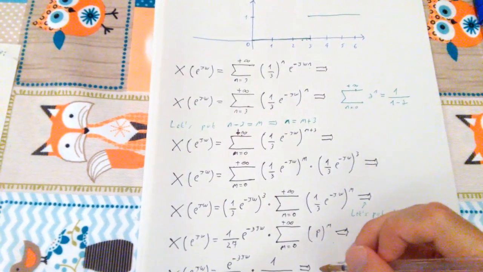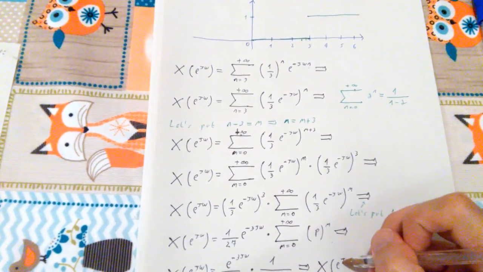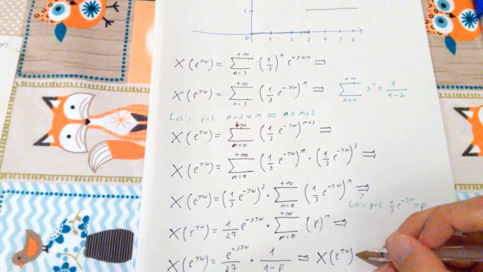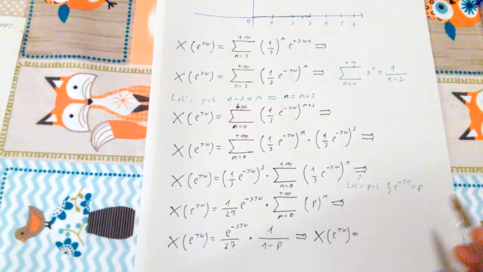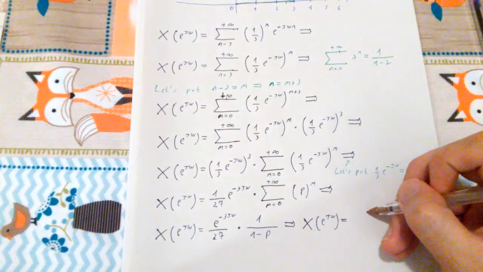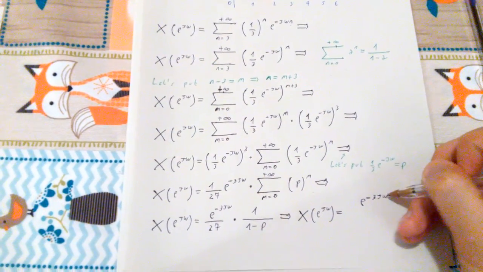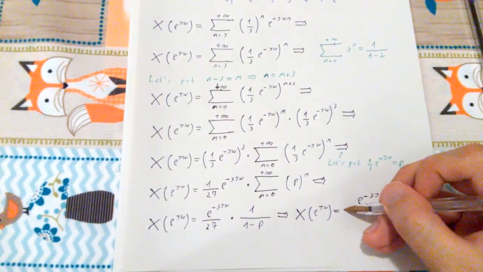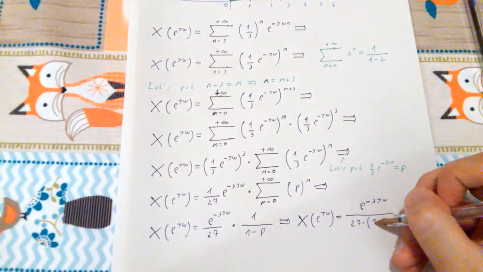And we're almost done, because now we can say X of e to the j omega is equal to, we're just multiplying those, e to the negative 3j omega over 27 times 1 minus p.